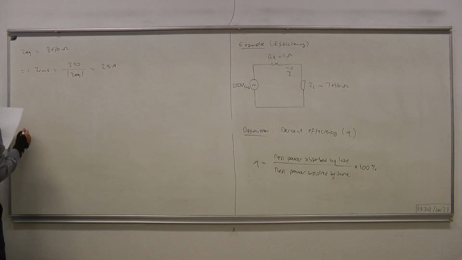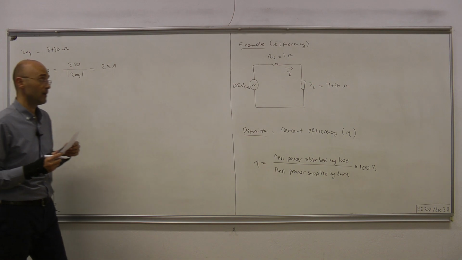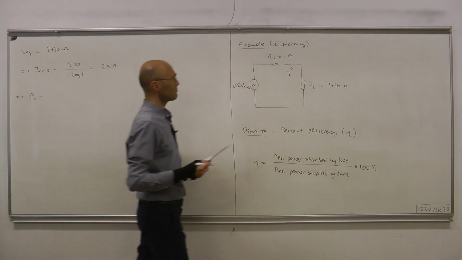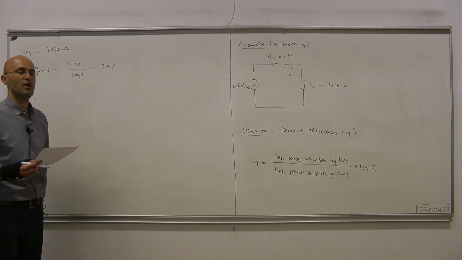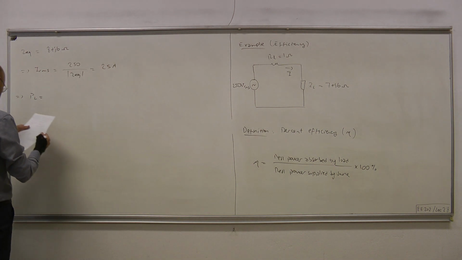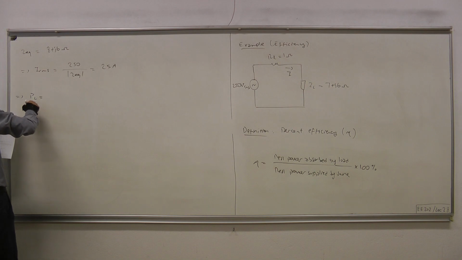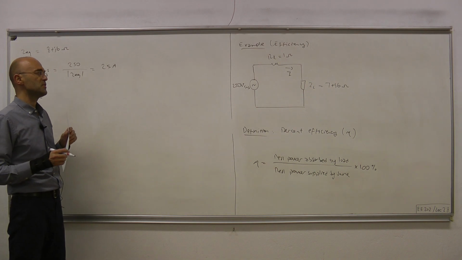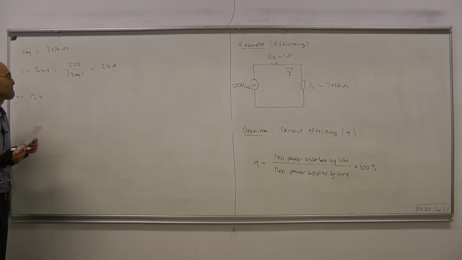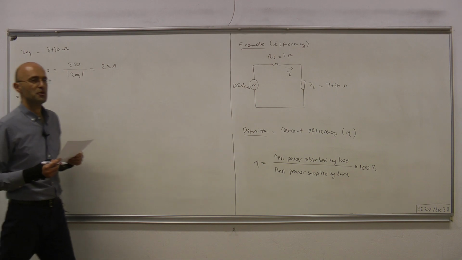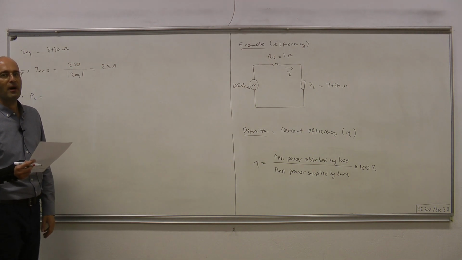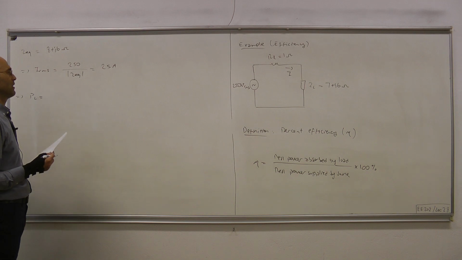Once we have the current, we can easily compute the average powers consumed by the transmission line and the load. PL, the average power consumed by the load, is the real part of the load impedance, which is 7, multiplied by the square of the effective value of the current.